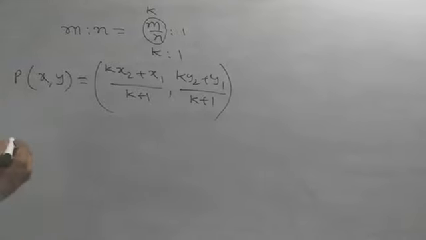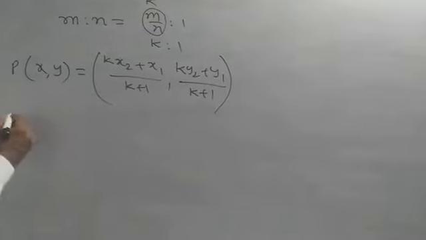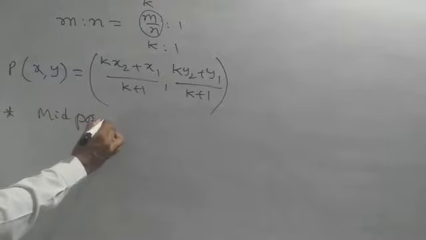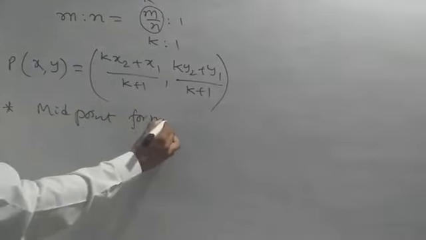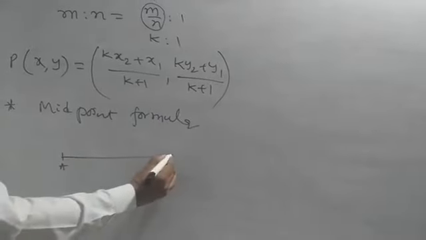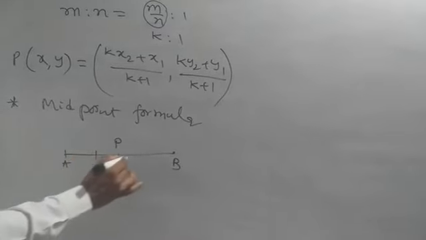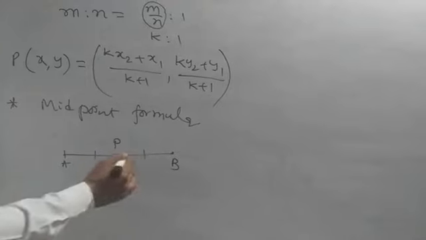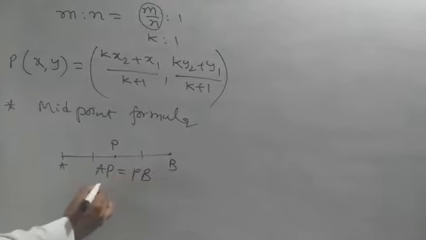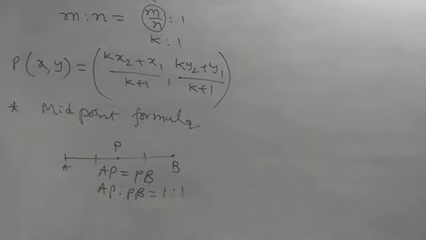Now, let us observe other applications of this formula. An important one is the midpoint formula. Suppose AB is the line segment and P is the midpoint, then what will happen? It bisects this line segment. That means AP equals PB, or AP is to PB equals 1:1.